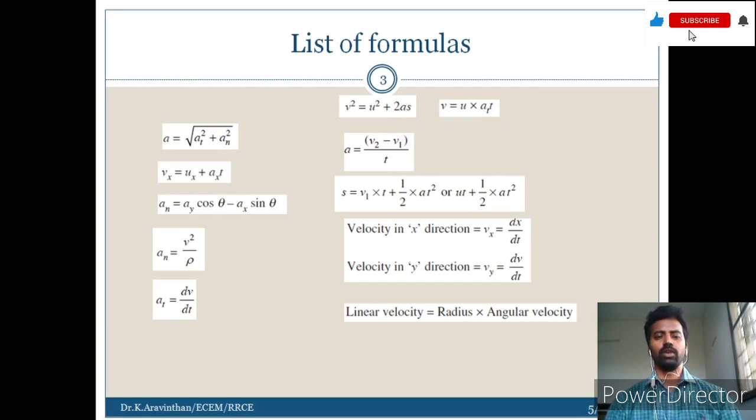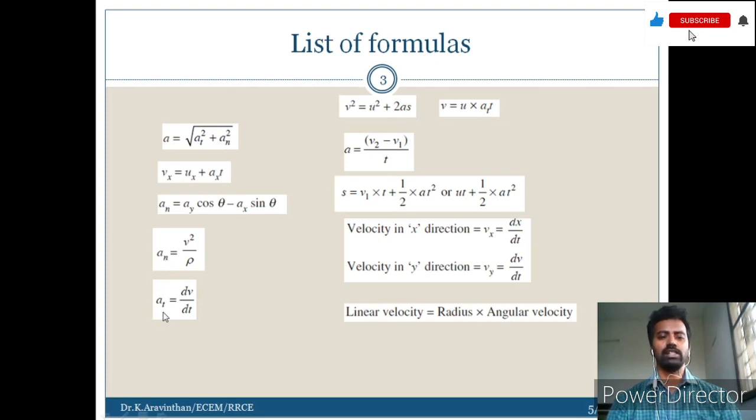There is also another formula for the normal acceleration, that is v square divided by rho. Here rho is known as the radius of curvature, indicated by r or rho, and v is the velocity. If you divide v square by rho, you will get the normal acceleration.